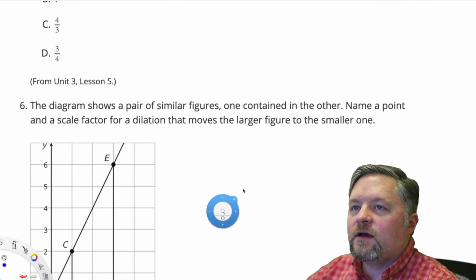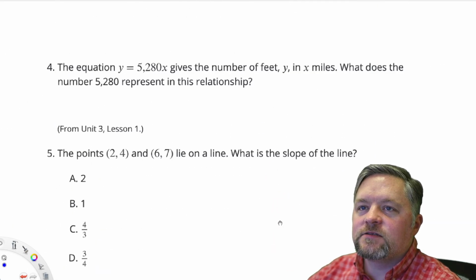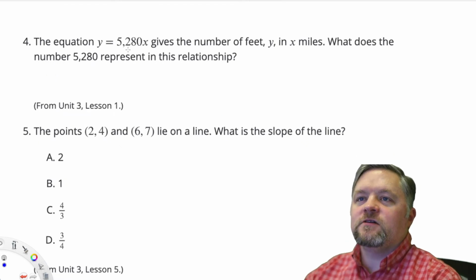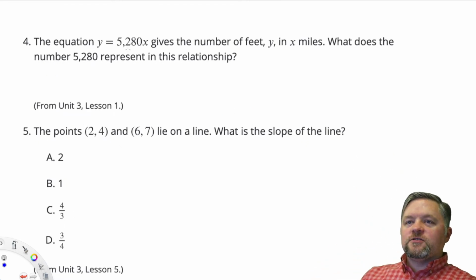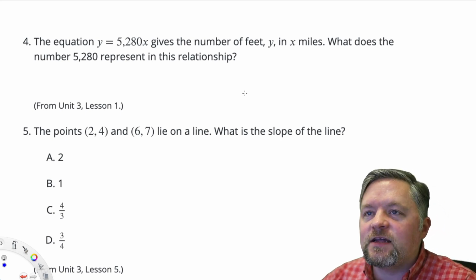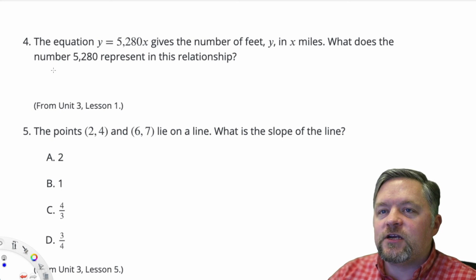Okay, what have we got next? The equation, y equals 5,280x, gives the number of feet y in x miles. What does the number 5,280 represent in this relationship?